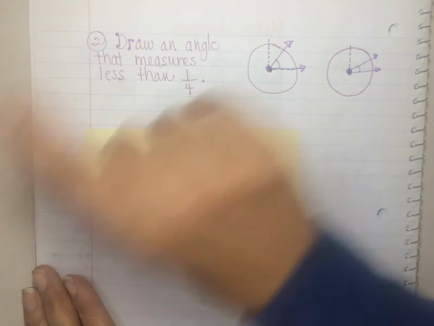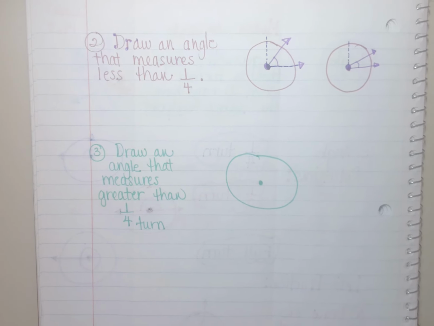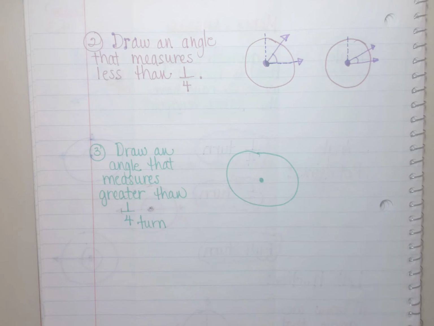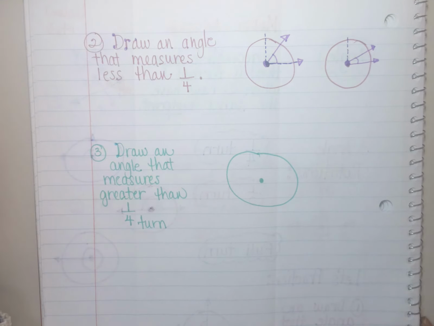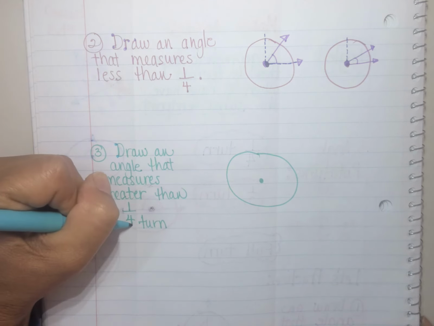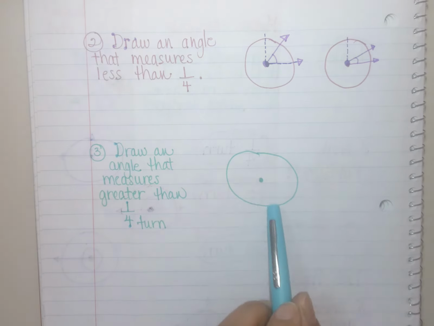Okay, and now your final practice one. Draw an angle that measures greater than 1/4 turn. Write your directions. Make your circle, make your end point.